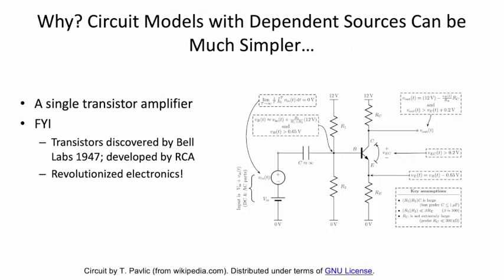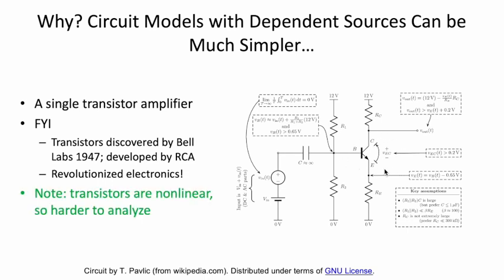Okay, back to the issue of why we would need to use these things. Again, they produce much simpler models. Here's an example of a single transistor amplifier. FYI, transistors were discovered by Bell Labs in 1947 and commercialized shortly thereafter by RCA into commercial products. This revolutionized electronics. You see the bipolar junction transistor in the center of this circuit.